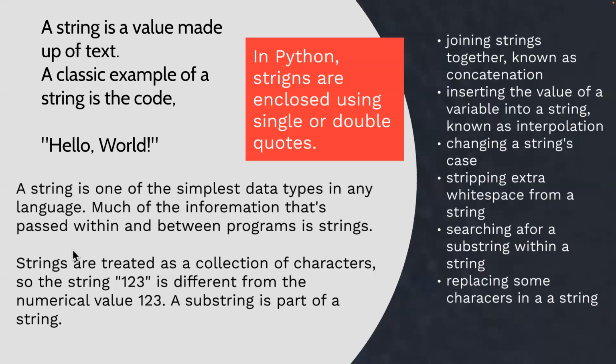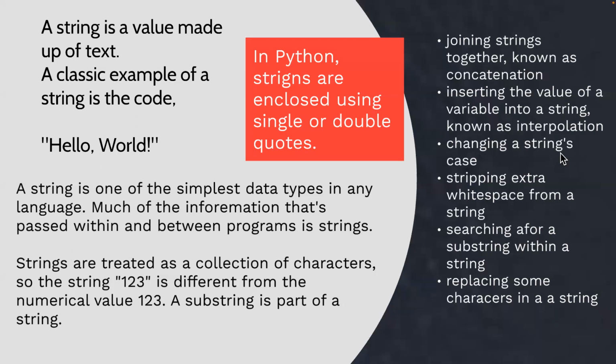That's a simple data type. Strings are treated as a collection of characters. So the string 123 is different from the numerical value 123. A substring is part of a string. Okay. And there are lots of things that we can do with strings using the Python library. We can join strings, that's known as concatenation. We can insert the value of a variable into a string, that's known as interpolation.